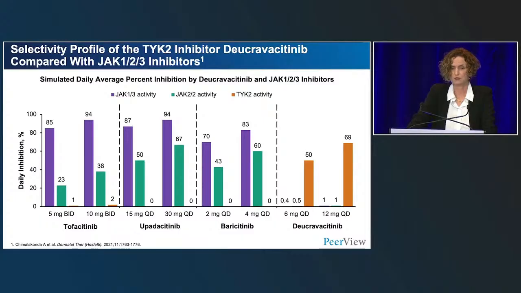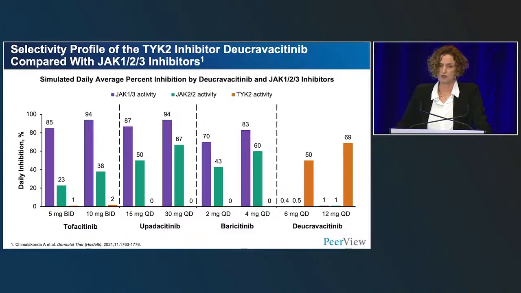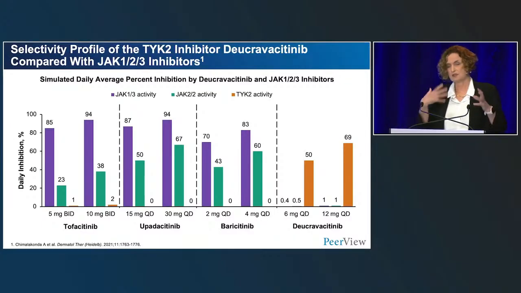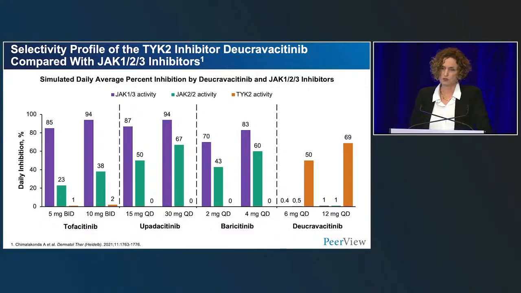And this is illustrated here in this graph, where you can see that for the different JAK inhibitors, tofacitinib, upadacitinib, and baricitinib, they are JAK1 or 2 inhibitors, but there is also some inhibition of JAK2, whereas with deucravacitinib, there is really very little overlap with the JAKs. And that, again, theoretically is maybe contributing to the safety of this agent.